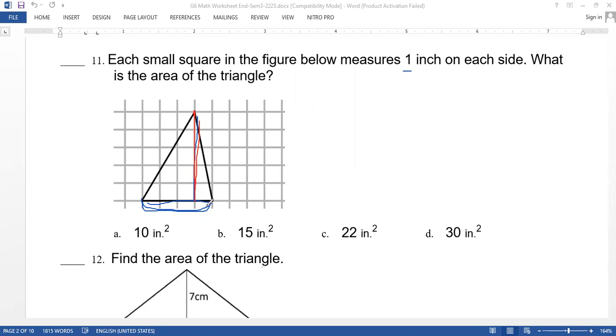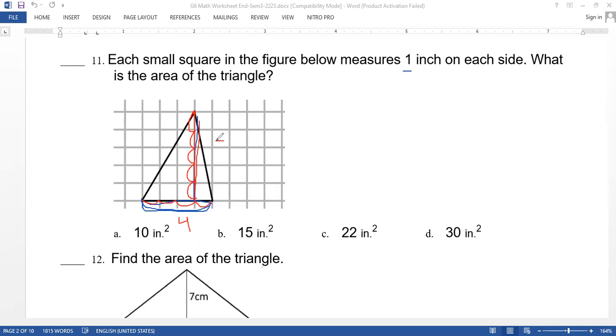Now the base is 1, 2, 3, 4. I don't care if it is half, but I care about this line. So the base is 4, and the height I count from the vertex itself: 1, 2, 3, 4, 5.